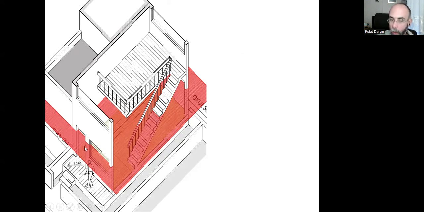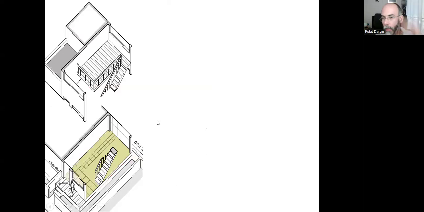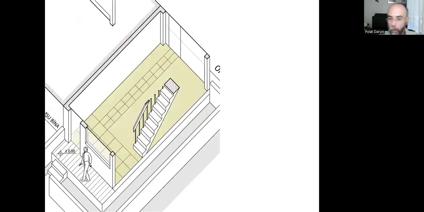This time the door and this lower window is being cut, and that is being cut. And this portion of the stairs and the floor will be above our head.